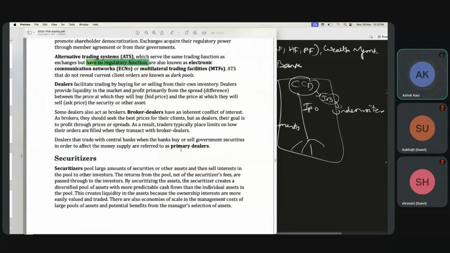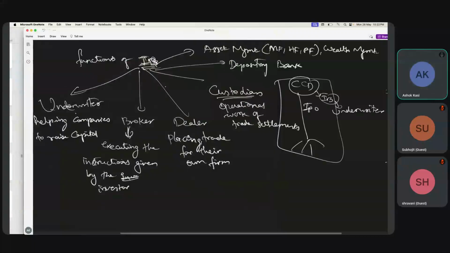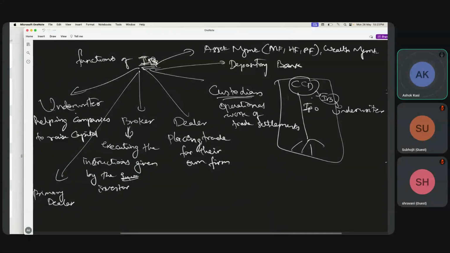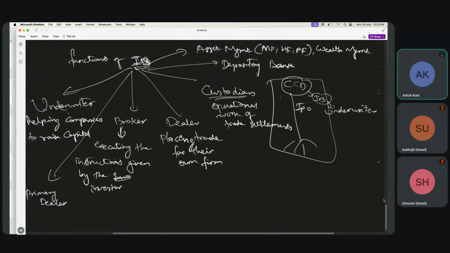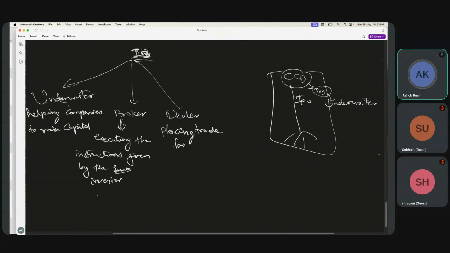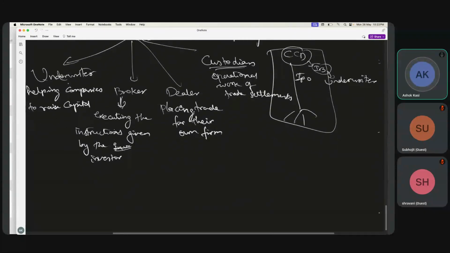Then primary dealer. Primary dealer means these investment banks will buy government bonds.